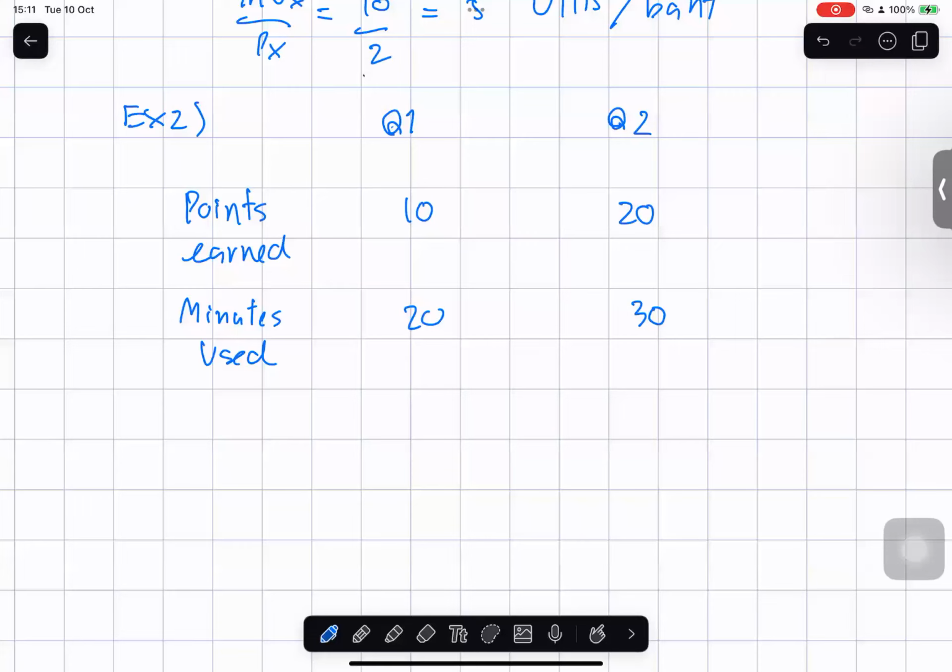Let's say you are doing an exam. Question 1, if you complete, you get 10 points full. Question 2, you get 20 points. That's points earned. Let's assume that to get 10 full points, the estimated time that you need is 20 minutes for question 1. Question 2, you might spend about 30 minutes to get the full 20 points.